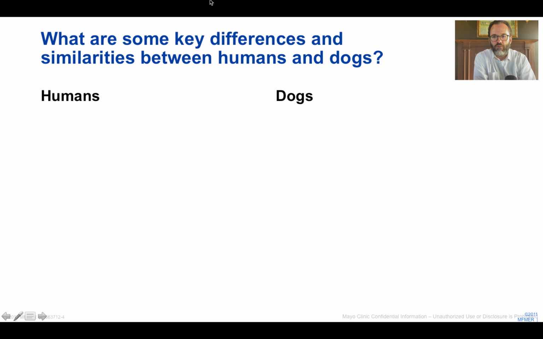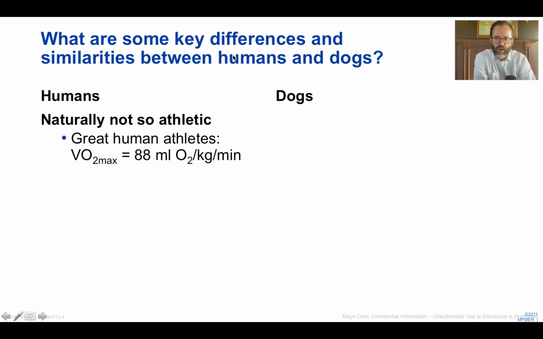So when we look at some of the key differences and similarities between humans and dogs, humans, of course, are naturally not so athletic. The great human athletes have a VO2 max, or maximum oxygen consumption, up to 88 mils of oxygen per kilogram per minute, and that would be a very astronomical oxygen consumption by a true elite athlete.